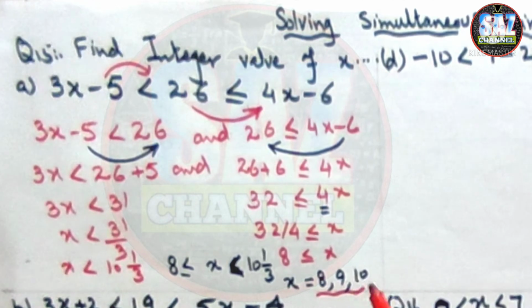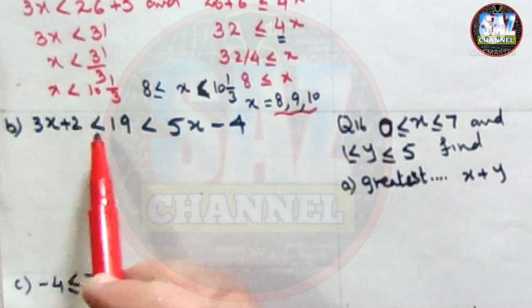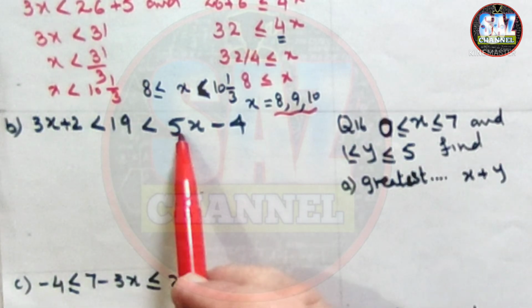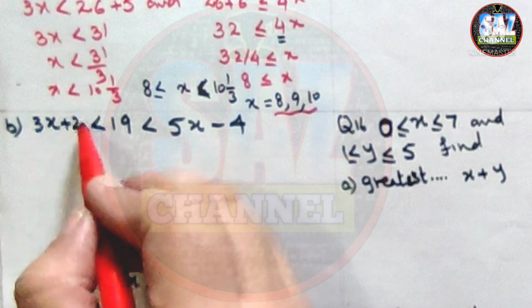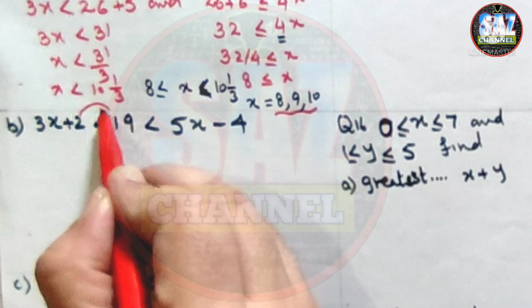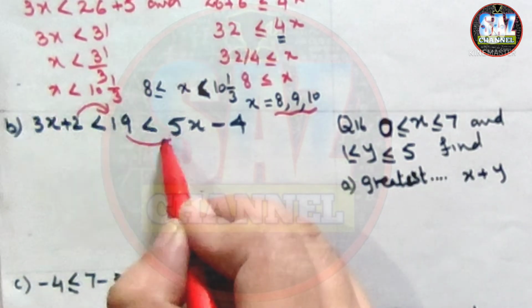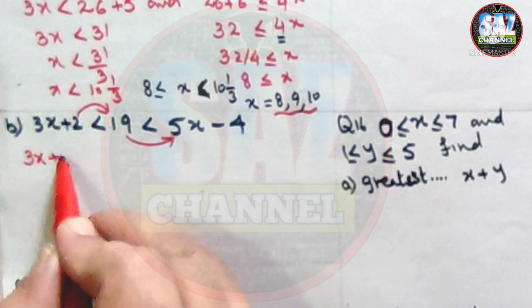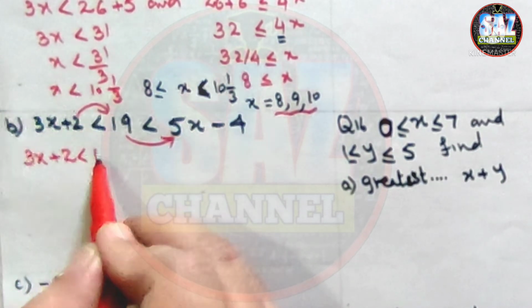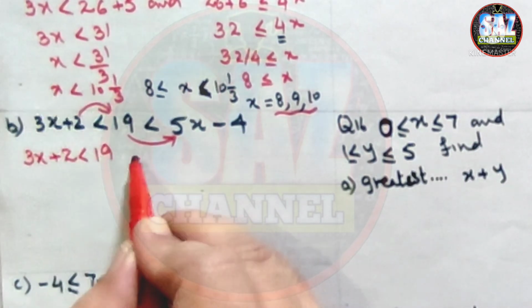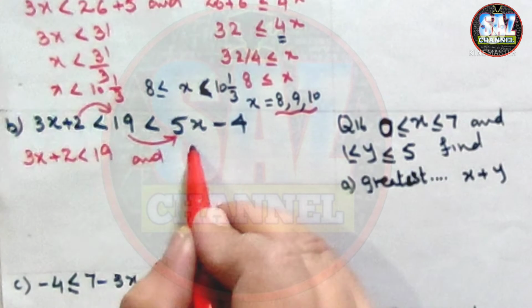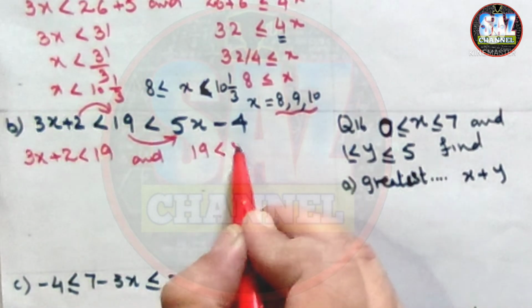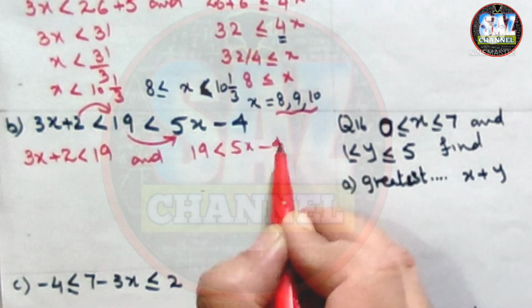Moving to the next part, that is 3x plus 2 is less than 19 is less than 5x minus 4. So first of all, break the inequality in two parts. Break this expression in two parts. 3x plus 2 is less than 19 and 19 is less than 5x minus 4.